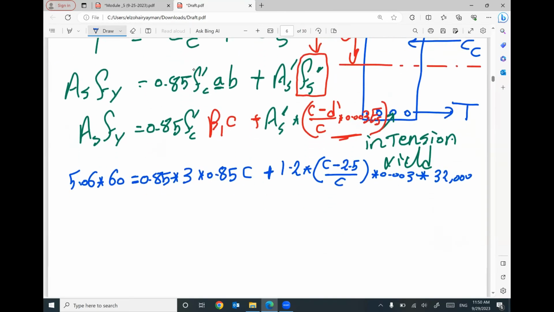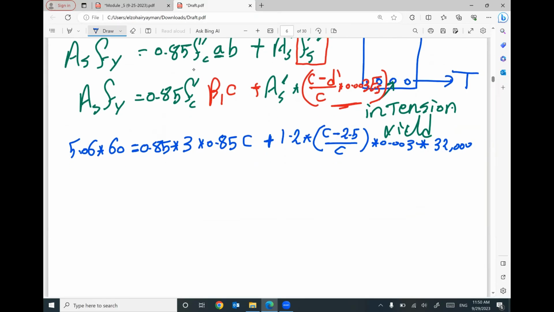Then I can simplify this equation. I will find myself with one unknown only, which is C. Let's see. So 5.06 times 60, I got 303.6 equals. This one will be simplified by 0.85 times 3 times 0.85. I forgot something here. Yeah, there is B here, it should be times 14. We have B, 0.85 F prime C, beta 1 C, this is A, and we have B. Yes. 0.85 times 3 times 0.85 times 14.